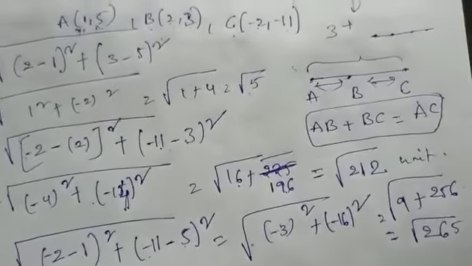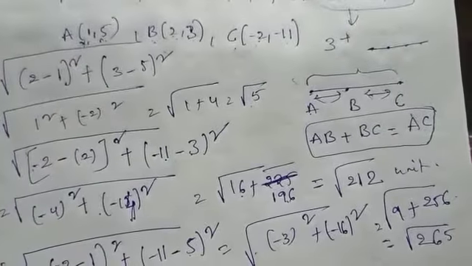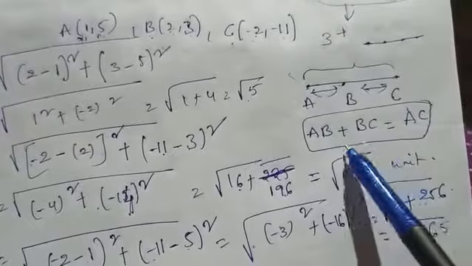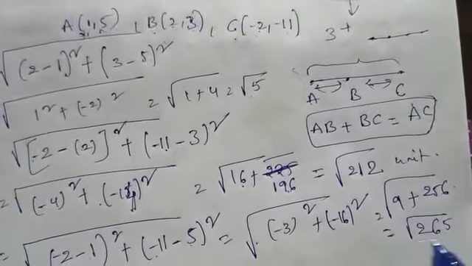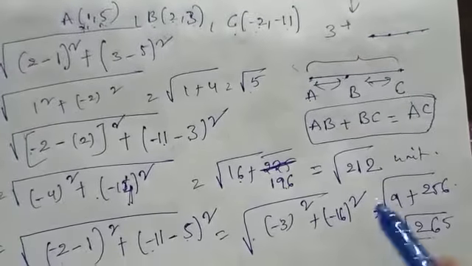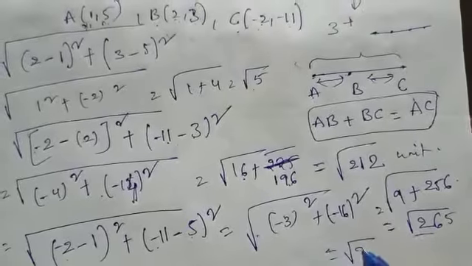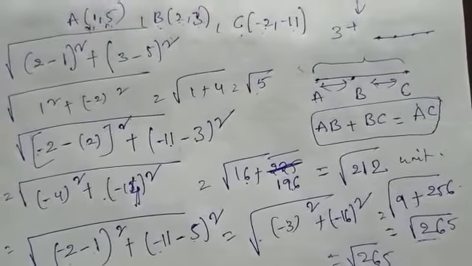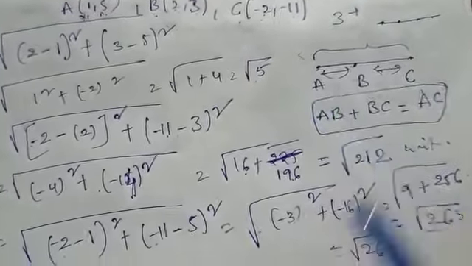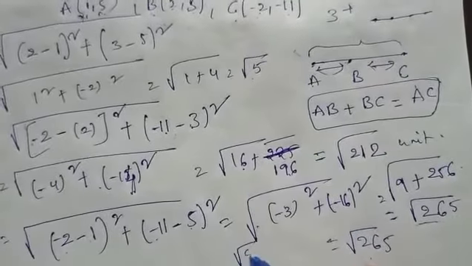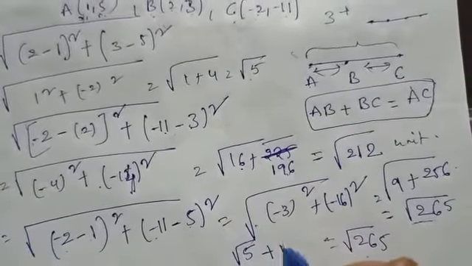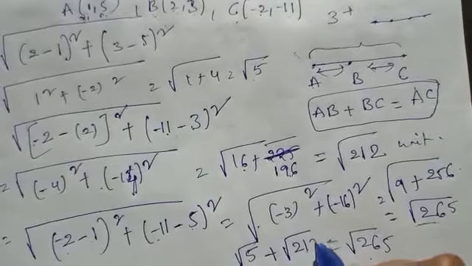See, here the maximum distance is root of 265, which should equal the minimum distances, root 5 plus root of 212.